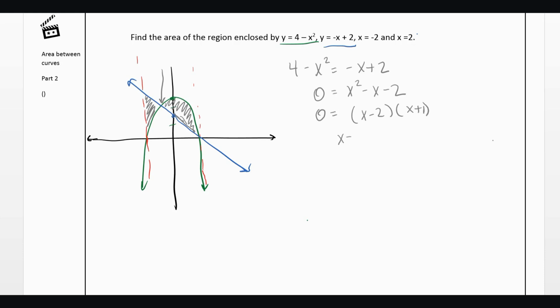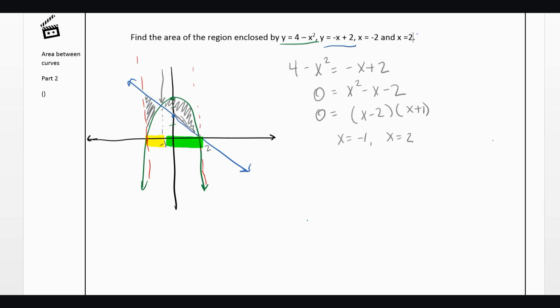So we get x equals negative 1 and x equals 2. So this is happening at negative 1 and this intersects at 2. So we're going to have two different intervals here. We're going to have the interval from negative 2 to negative 1 where the blue line is on top, and then the interval from negative 1 up to 2 where the green line is on top.